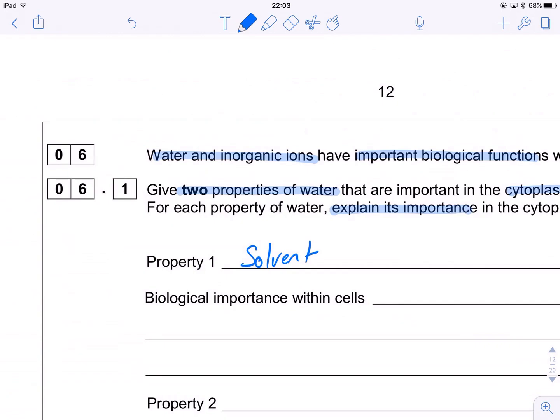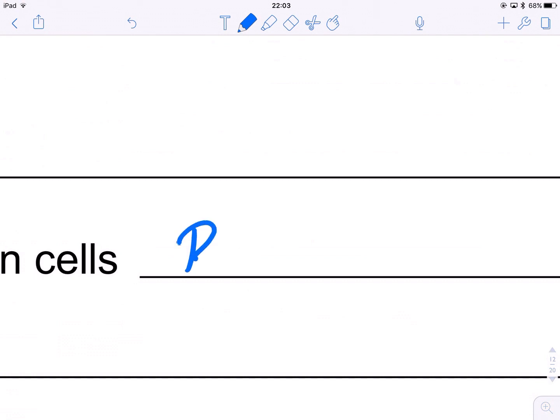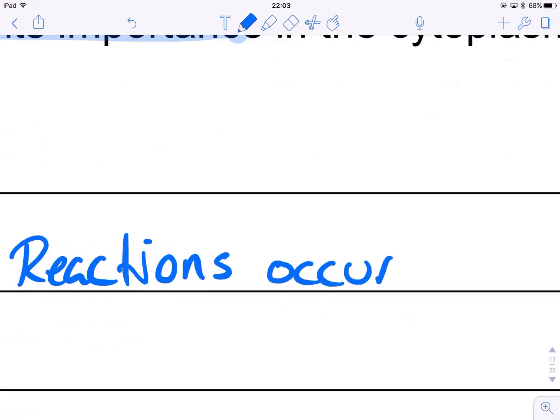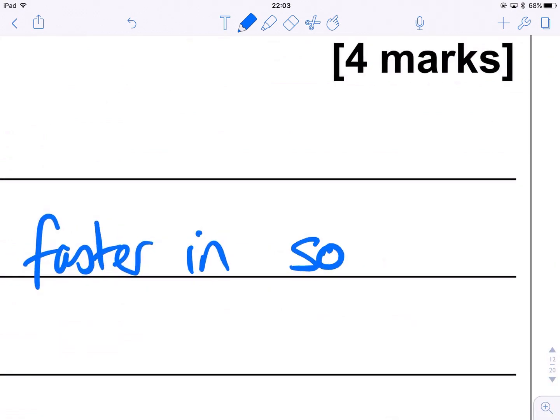It's a solvent and it's biologically important because metabolic reactions occur faster when they're happening in a solvent. So reactions occur faster in solvent. That's our first point. Very nice. Straight out the textbook, this.